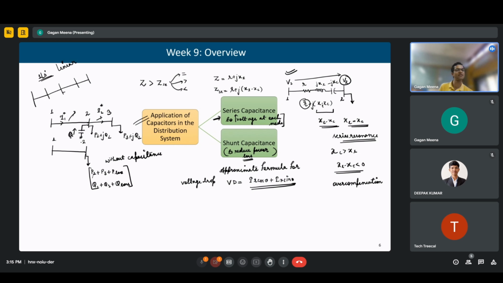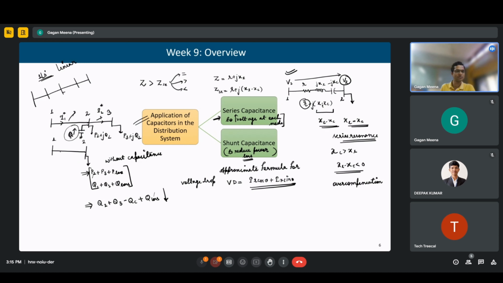So with capacitance, now we have to incorporate this also. P will remain the same because we assume that the capacitor is lossless. It is not consuming any active power. Q will change. So it will be Q2 plus Q3 minus QC plus Q loss. So now this is coming with a negative sign.